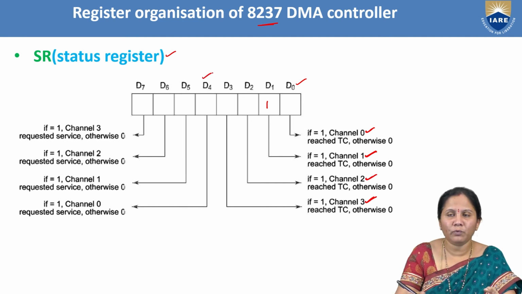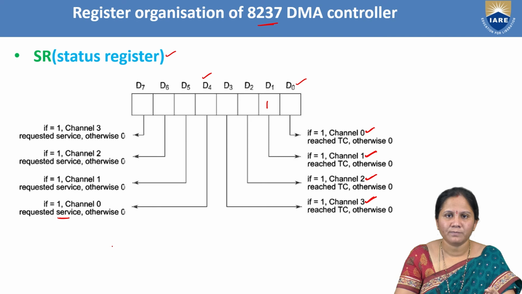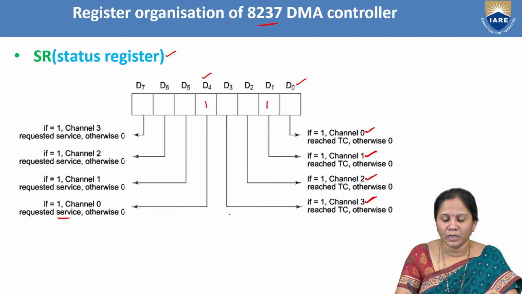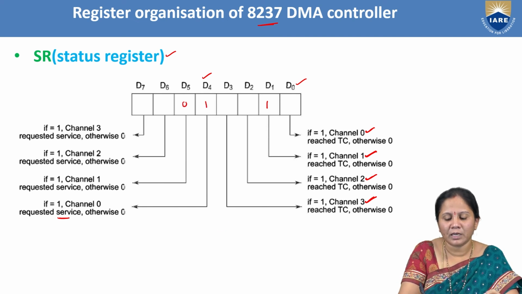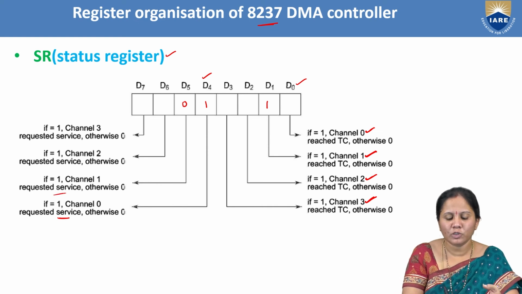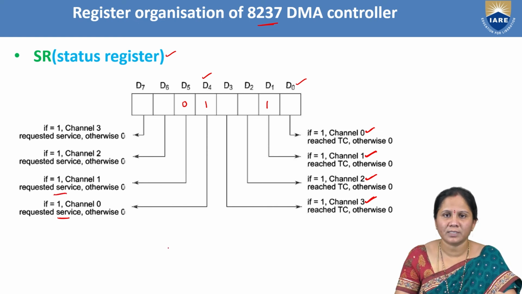Next, this D4 bit represents that channel 0 requested service. If any channel is requesting service, that bit is set to 1. If that bit is 0, it indicates that the IO device connected to that particular channel is not requesting any service.